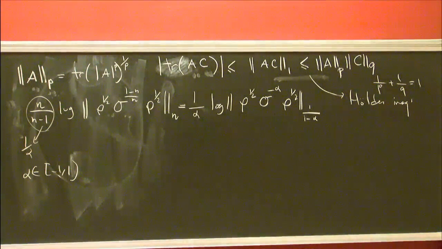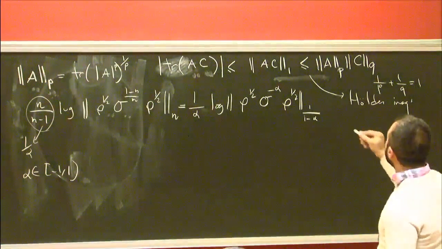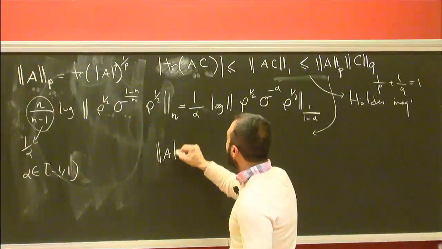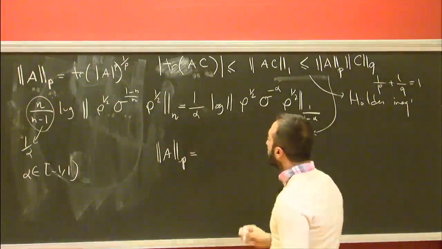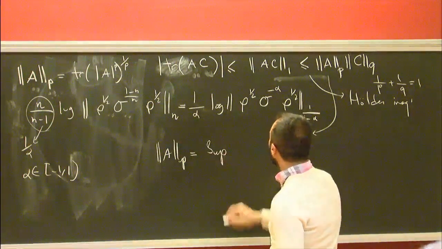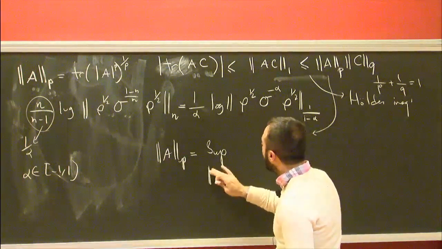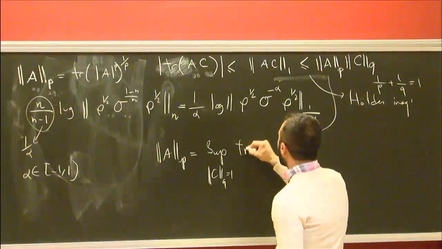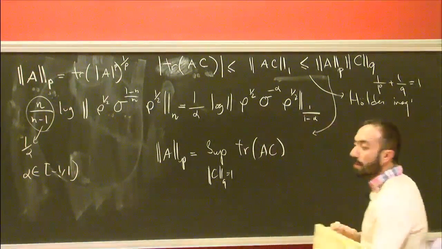In particular, this formula suggests that I can write down the p-norm of a matrix as the supremum over all such objects. What does this mean?